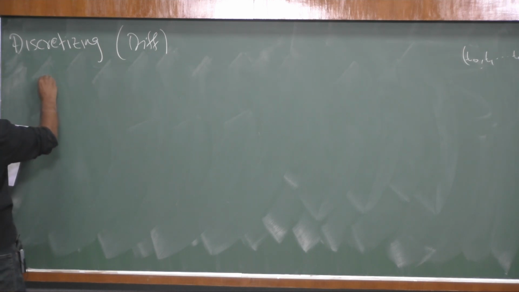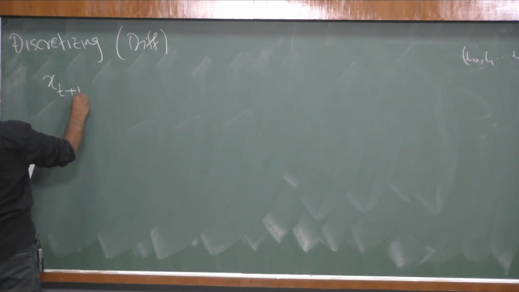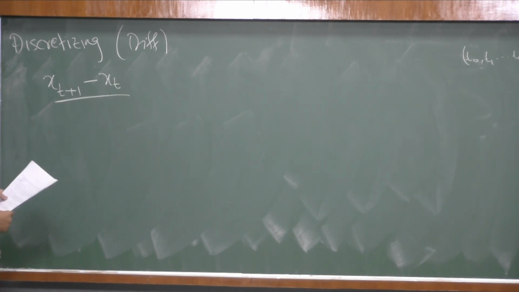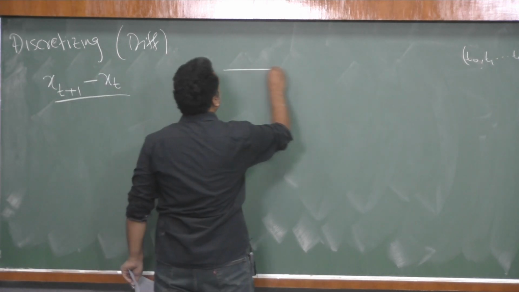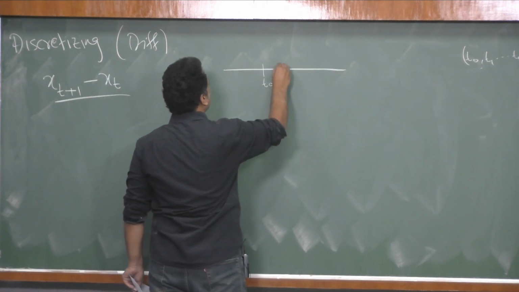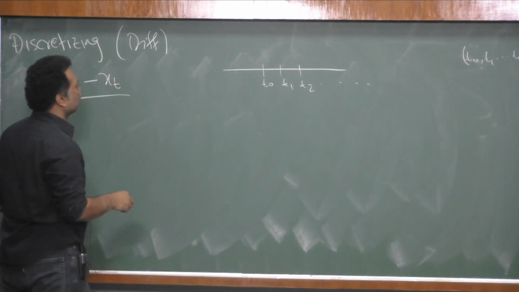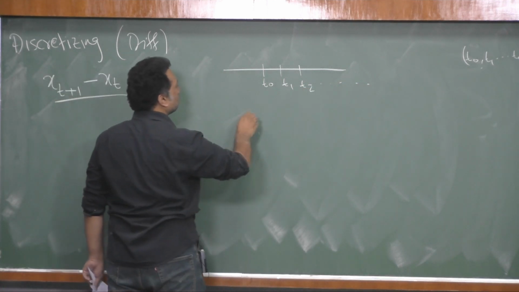So basically (x_{t+1} - x_t) divided by, let us say, the time difference. We are solving an ODE over the interval t0, t1, t2, and so on, and let us say this is a uniform partition of the time.